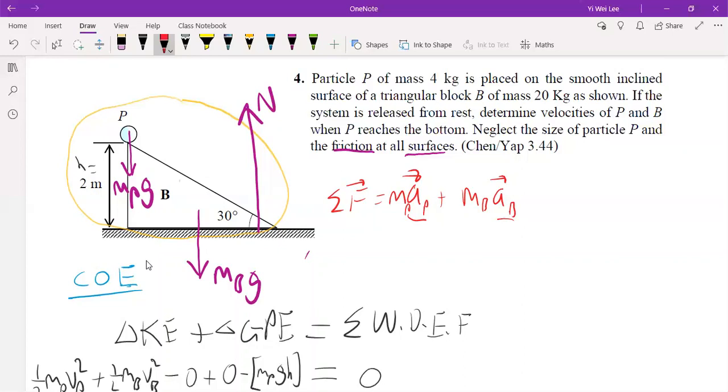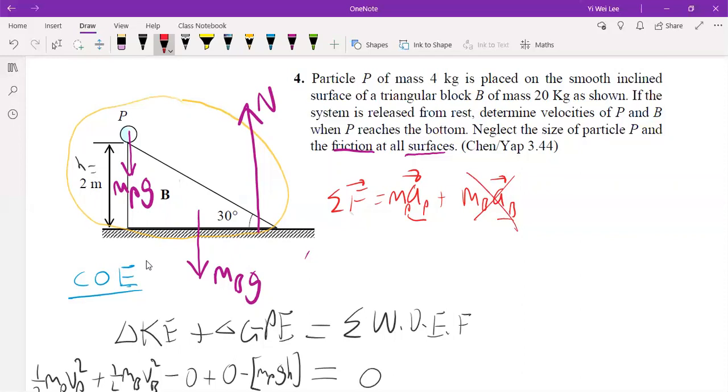Take a look at it. The acceleration of B is horizontal, so there is definitely no vertical component for the acceleration of B. How about for the acceleration of P? Now P is sliding downwards. Although it's not a direct motion, it's a haphazard motion, it definitely has an acceleration in the vertical direction.